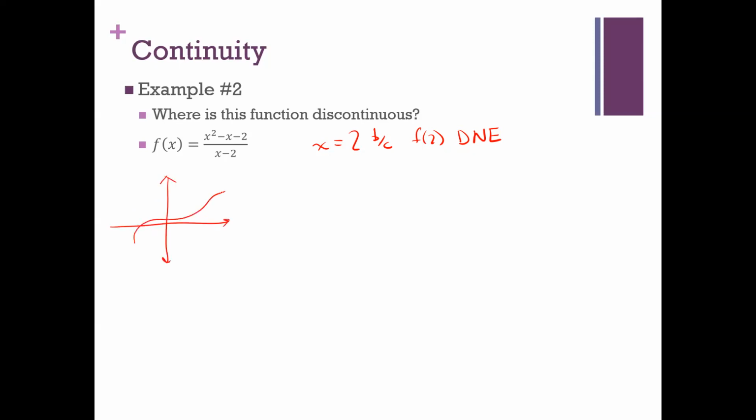You could have something like this, where there's just that kind of discontinuity, or you could have something like this at x equals 2. Without really getting into it, we don't know what we have here, but we can tell just from the way the function is defined that when x equals 2, there's no corresponding output.